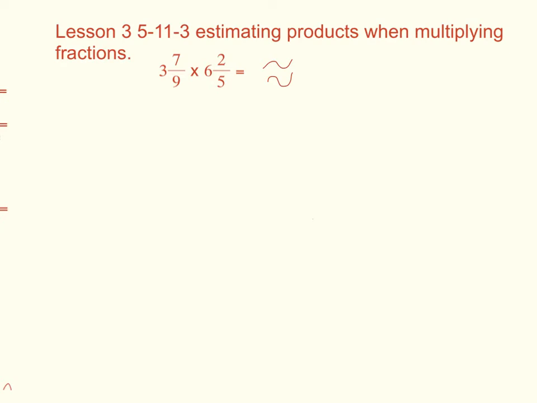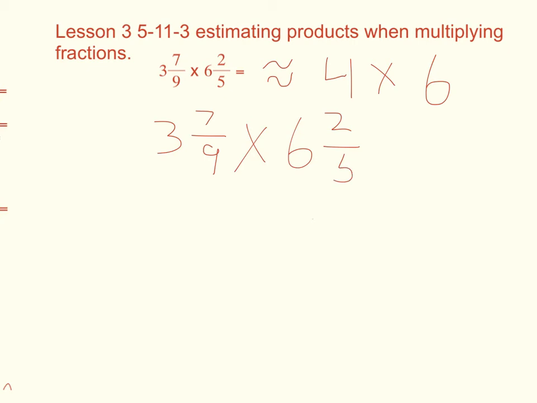So 3 is going to get rounded up to 4. And 6 2/5. If you think about 2/5, that's a little less than a half. So we're going to round that down. So 6 2/5 is going to become 6. So we're going to say 3 7/9 times 6 2/5 is about 24.